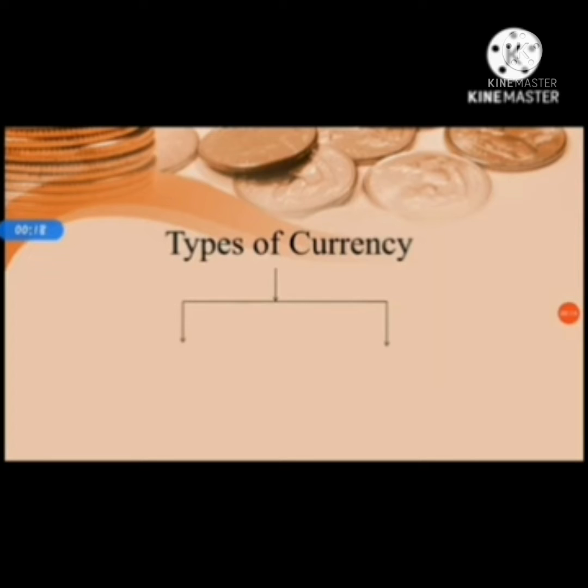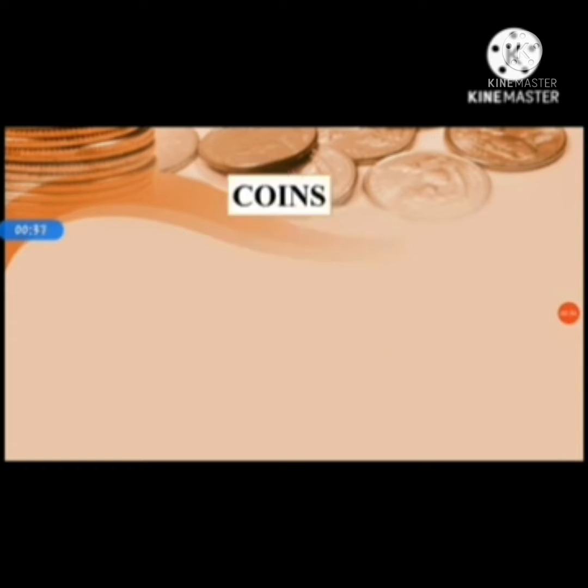Generally, we have many types of currencies we are using in our daily life. See, first is coins, second is notes. These are two types of currencies that we are using in our daily life. Next is coins.